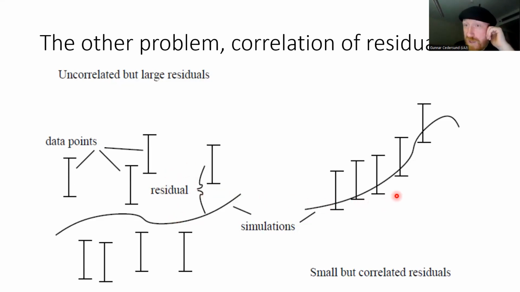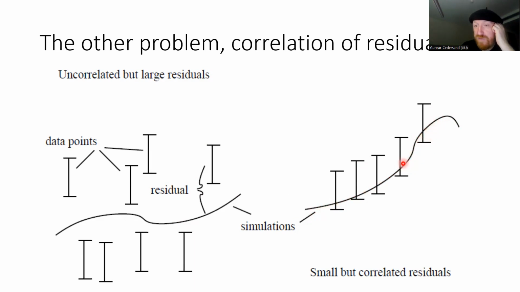But you might also have another problem, which is that the residuals are too correlated. So you're systematically under-predicting or over-predicting the value of the measurement data. If you have these systematic errors, then you have another type of problem.